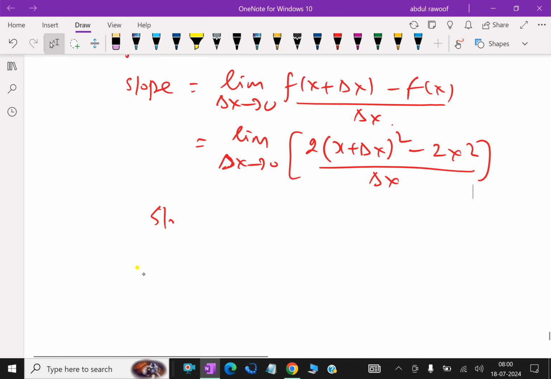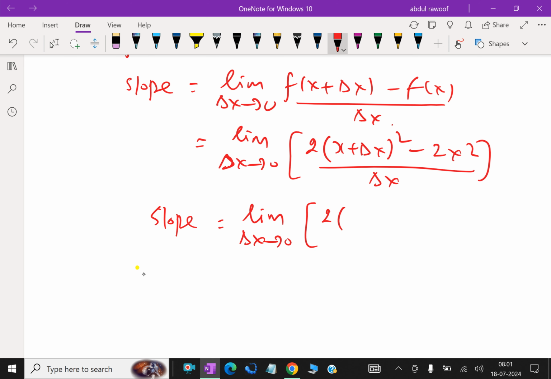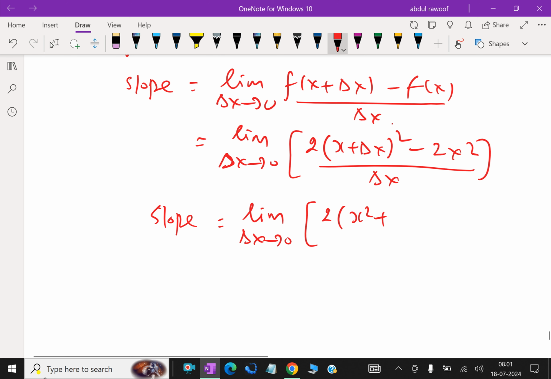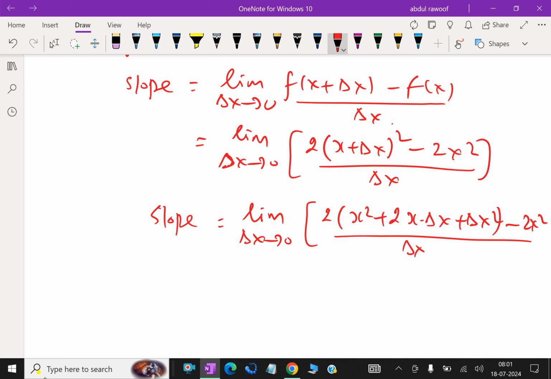Therefore, the slope of the function is the limit as delta x tends to 0 of 2 times the expansion of (x plus delta x) whole squared, which is x squared plus 2x delta x plus delta x squared, minus 2x squared over delta x.